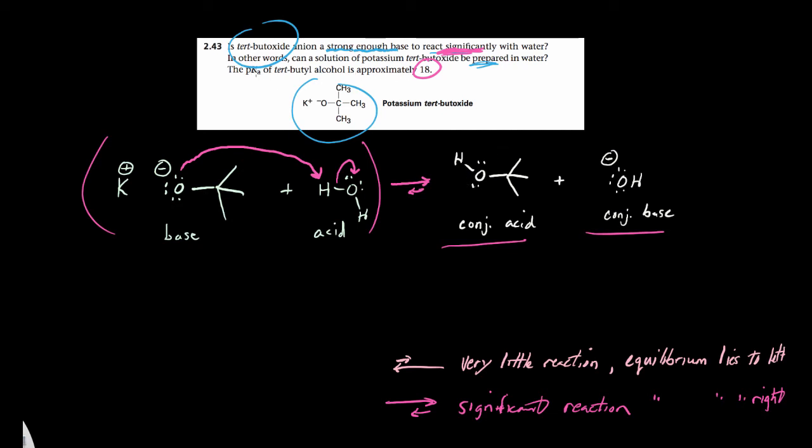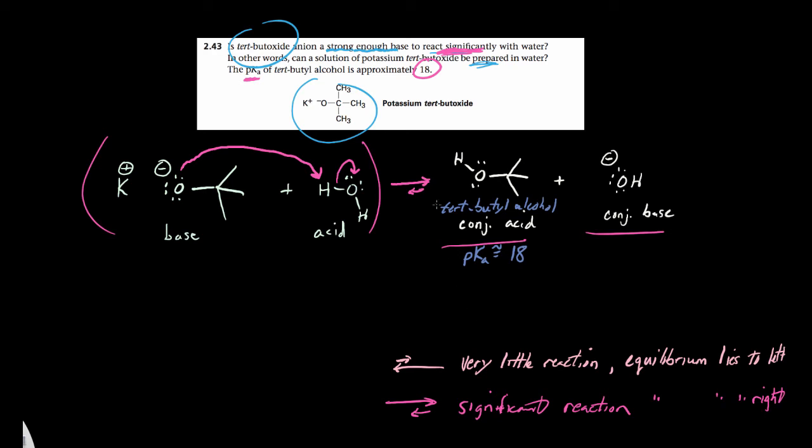When you talk about pKa, you're always talking about the acid. This is the acidity constant. Alcohol simply means it has an OH, and we'll learn all of this nomenclature later. The pKa is about 18.